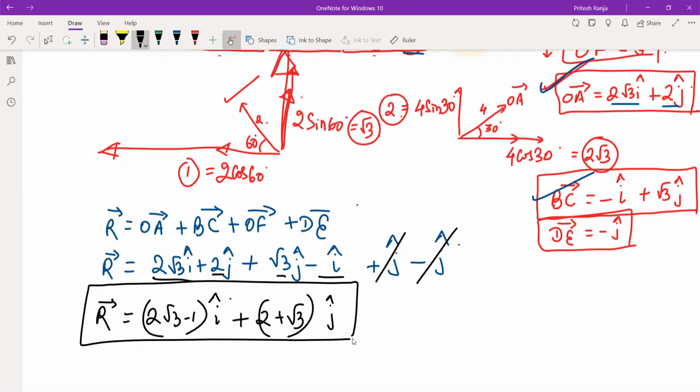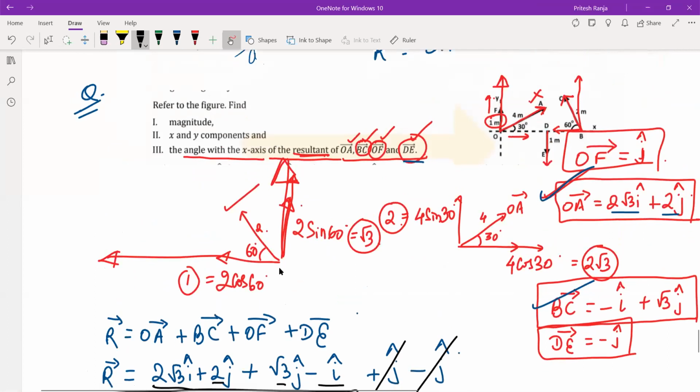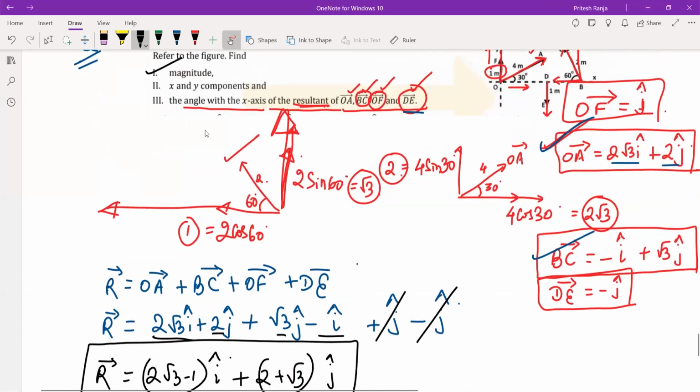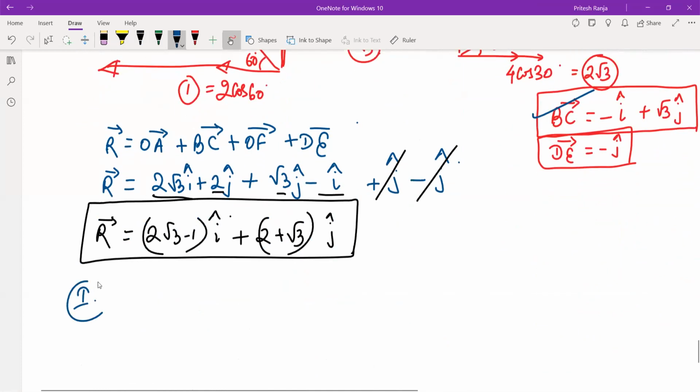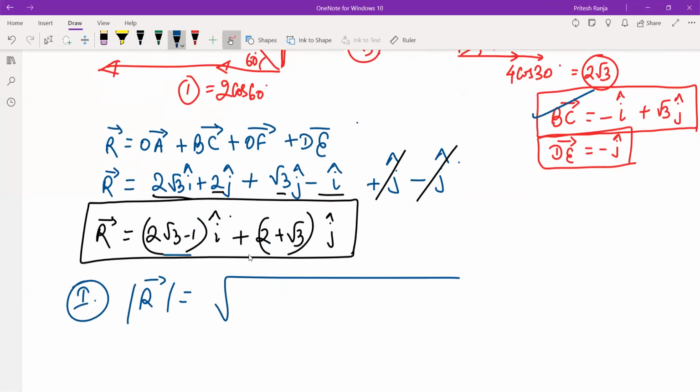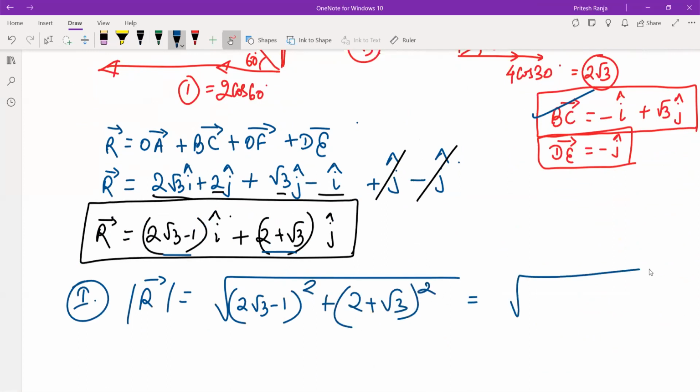So once we have found the resultant, now we can find the magnitude. Number 1, magnitude of resultant vector, root of this square plus this square. That was the formula to find magnitude. So now simplify this. So apply a minus b whole square and a plus b whole square. So 2 root 3 whole square plus 1 square minus 4 root 3.